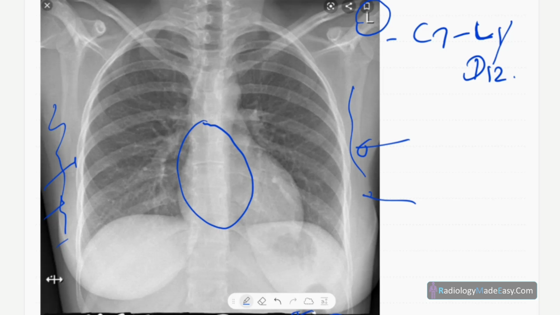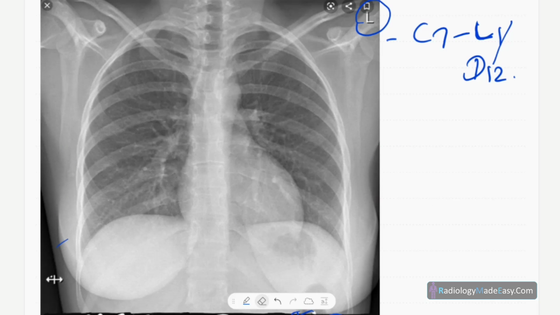If they are seen very clearly, that means an overexposed film. If they are not seen, that means an underexposed film. If they are faintly seen, it's an adequately exposed film. So they should be seen faintly. So it's a good film. That finishes the exposure factor.